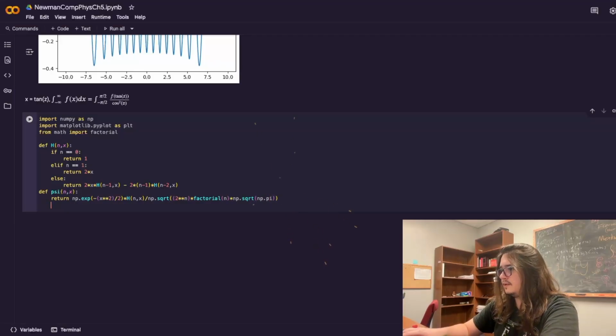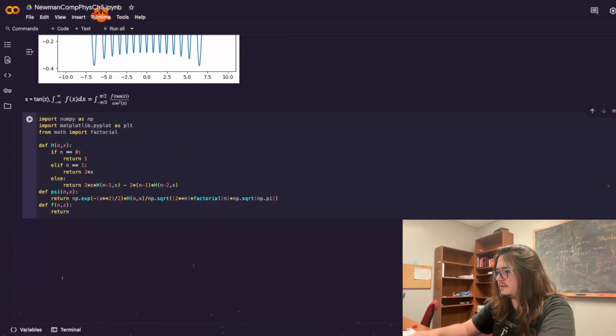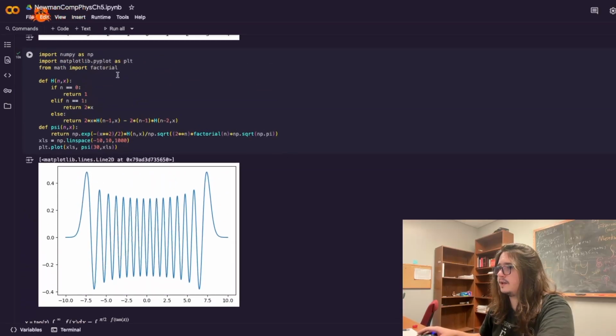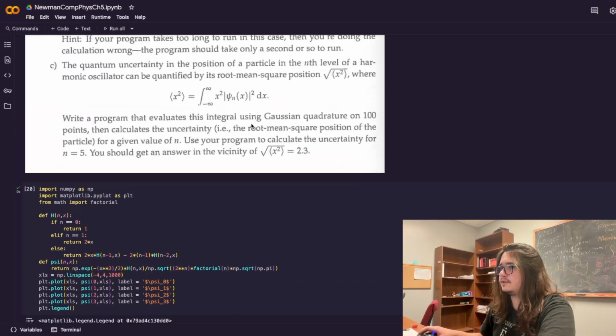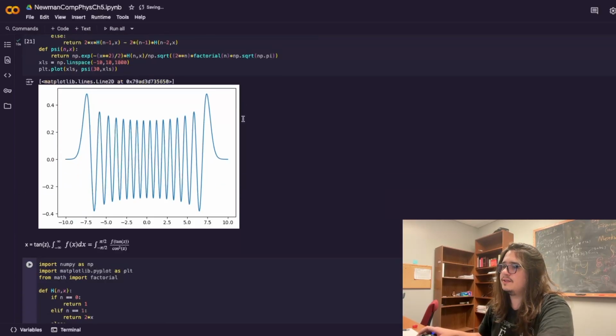But yeah, so we're going to define our integrand as per the usual, f of n and z this time, returning x squared times the absolute value of psi of n of x, all squared.